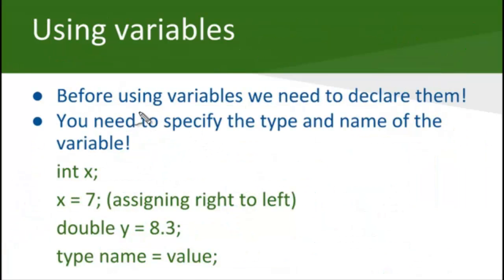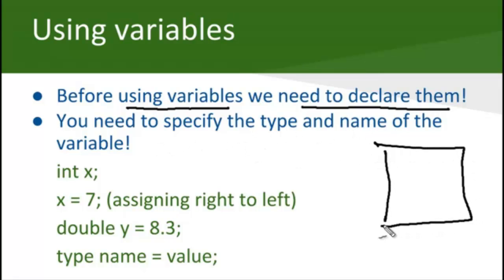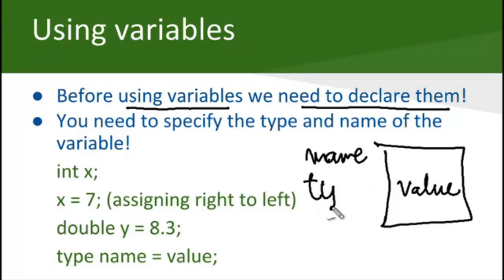Now let us proceed to using our variables. But before we use our variables, we need to declare them. So we have this box. Before we put any value in the box, we need to tell what is the name and what is the type of value that the box will have, and that is called declaring the variable. So int x is how we declare the variable named x.